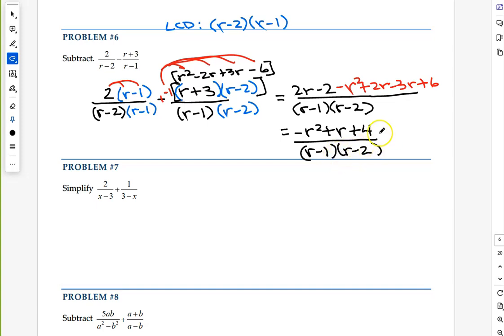Okay, now the last step after you combine your like terms is to look and see if that numerator will factor, because we want to see if it will cancel out with one of the denominator factors. But if I look at this, when I'm thinking about what multiplies to be 4 that adds to be 1, well, 4 times 1 is 4, but there's no way I could add or subtract those to end up with a 1. 2 times 2 is 4, but again, there's no way that I could add or subtract those to end up with a 1.